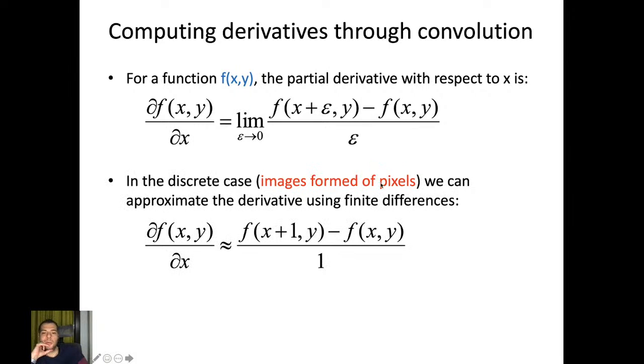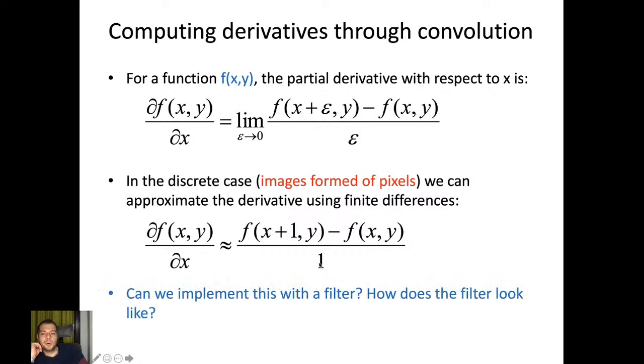But for digital images, since images are formed of pixels, the smallest epsilon that we can use is equal to 1. So we approximate the derivative by subtracting the value of the function in the pixel at location x from the location x plus 1, and then we obtain the gradient with respect to the horizontal axis.